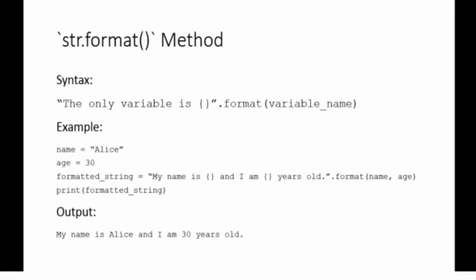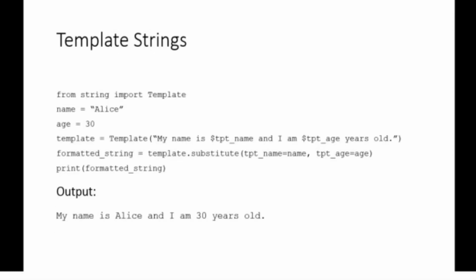Note that you can use multiple placeholders and include their variables in the dot format method, separating them with commas. Again, the example below displays the output: My name is Alice and I am 30 years old.